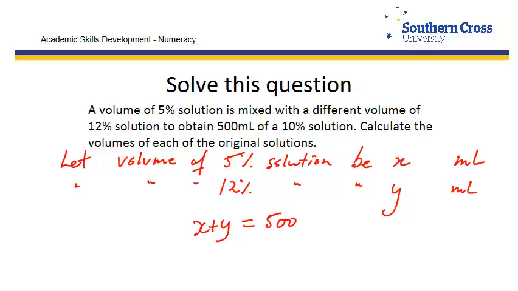Now, the other equation that we can get from this is based on the amount of the ingredient, the weed killer or the chemical or whatever it is.